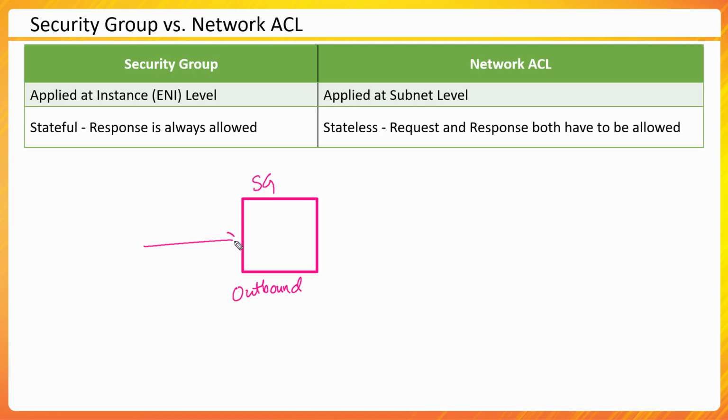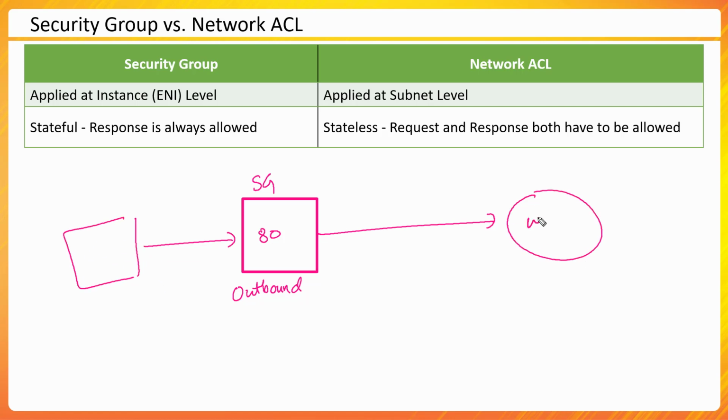If I allowed outbound port number 80, this request from my instance here would be going somewhere into the web, and some web server would respond back, and that web server's response would be allowed to come in, no question asked, because this was requested by the instance internally here.